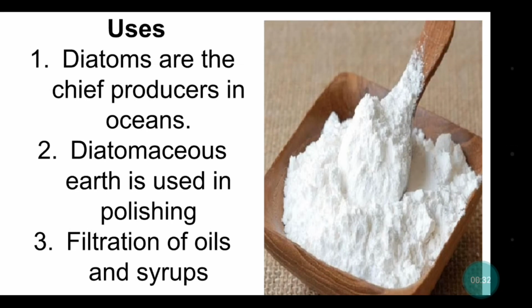Commercially, these diatomaceous earth is found as powder. You can find it in the market in the form of white powder as you are seeing it in the image. So it is used in polishing and filtration of oils and syrups.